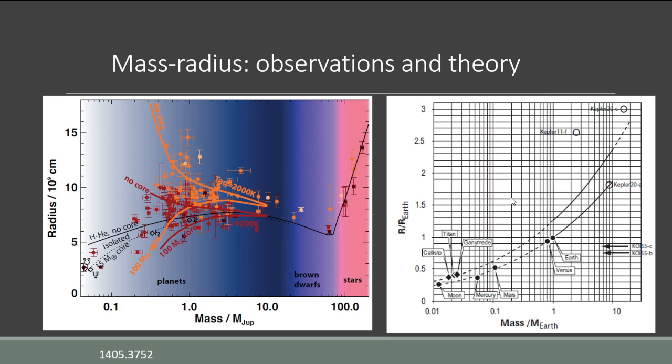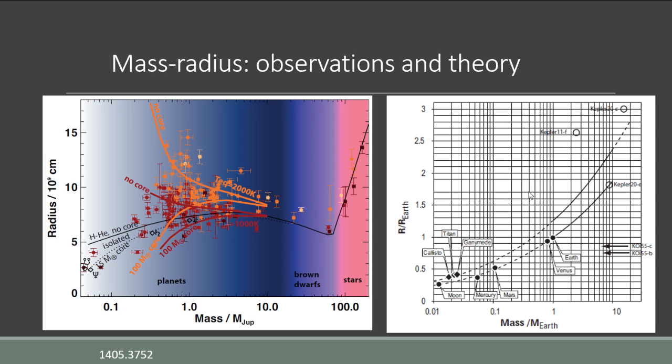And I want to stop on this slide, focusing just on the right plot. I want to say that despite the fact that we can measure only masses and radii, still we can make reliable models of internal structure for many planets, because typically we have very restricted conditions of formation.